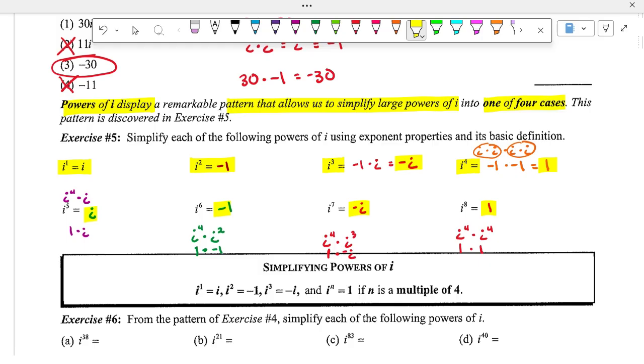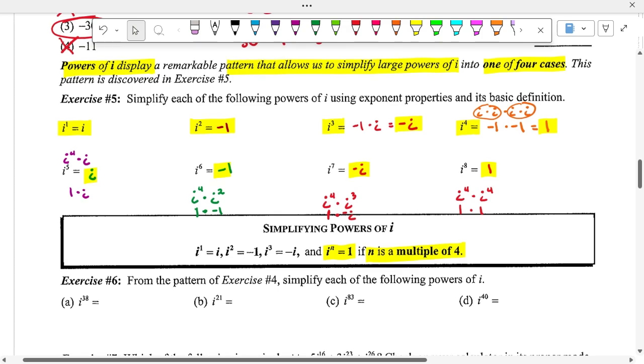So if n is a multiple of 4, I to the n is 1. Meaning, if you divide that number by 4, you get a nice number. So 16 is a multiple of 4, 8 is a multiple of 4, 32 is a multiple of 4. And then I always say find the closest multiple of 4 that's lower than the current number. And then however many i's you have left over, that's your answer.